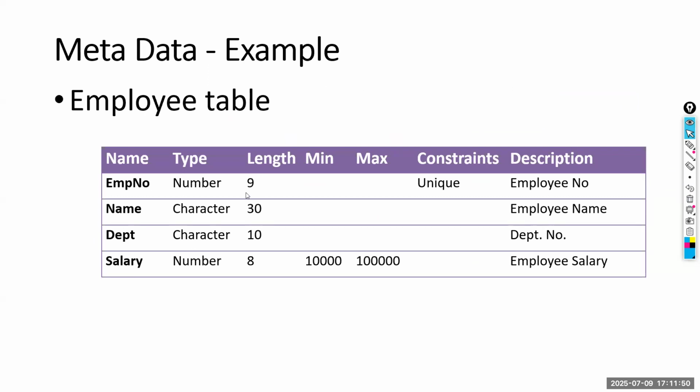Right. So this is metadata. What is the name of the table? What are the names of the fields? What is the data type of each field? Length? Do we have any restrictions like min, max values, uniqueness, or a description of the field?